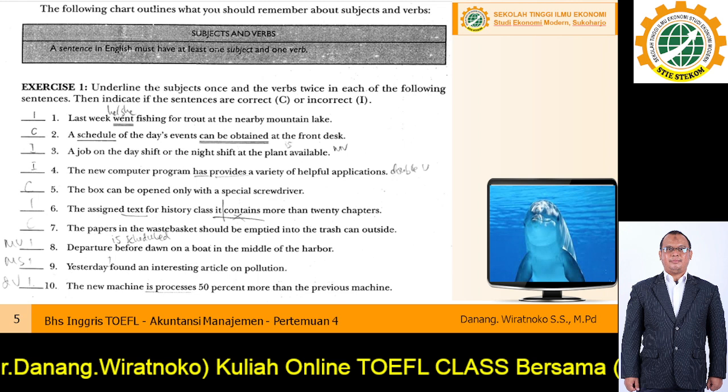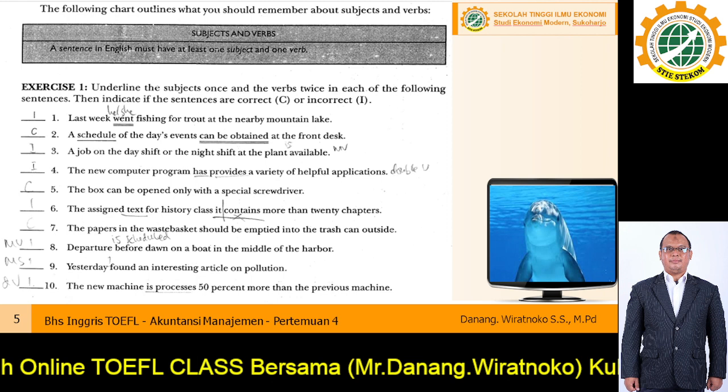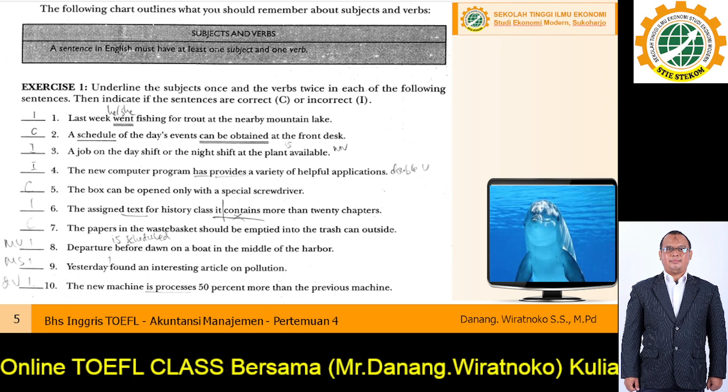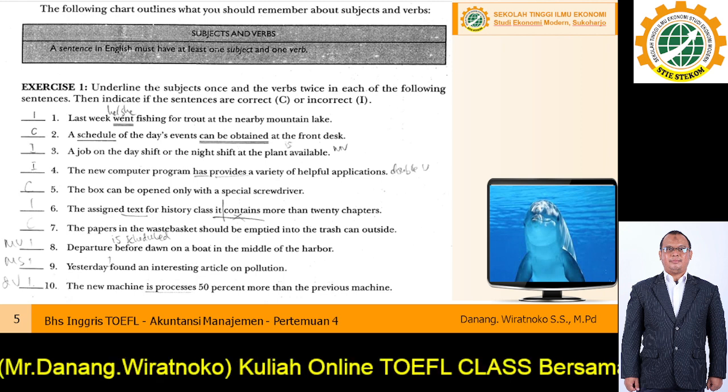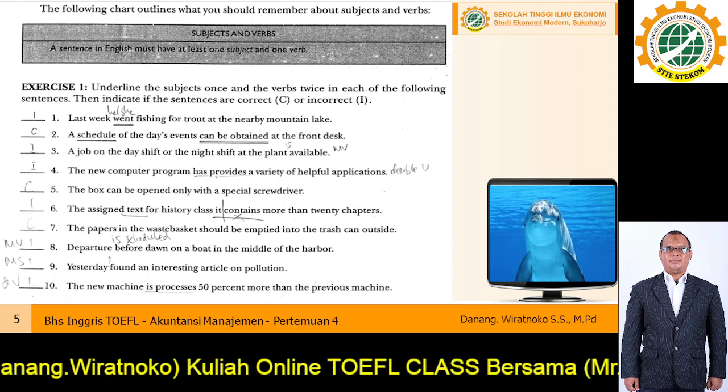A sentence in English must have at least one subject and one verb. Ya, jadi dalam bahasa Inggris satu kalimat itu hanya terdiri dari subject and verb aja ya. Misalnya baby cries, ya, bird fly. Nah, that's a sentence, okay?